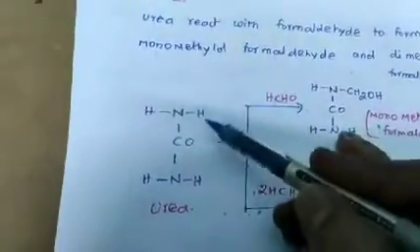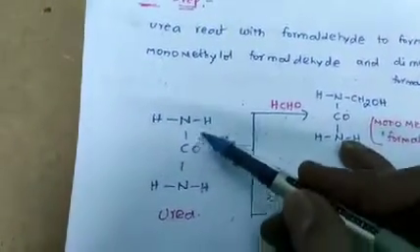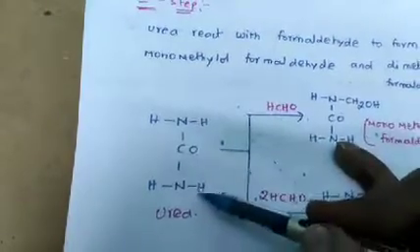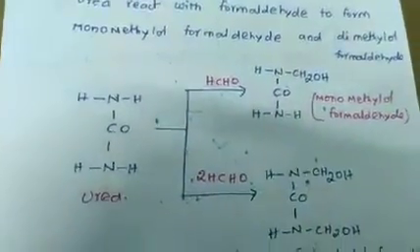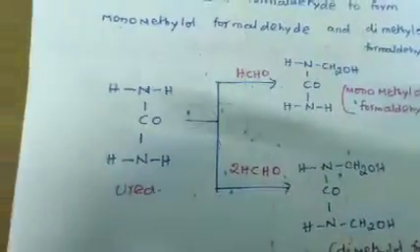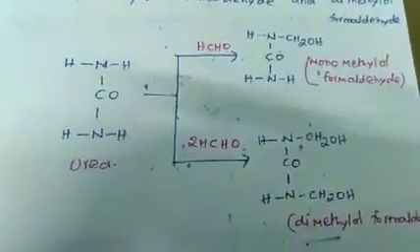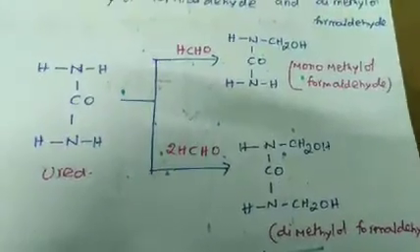This is the structure of urea, CONH2 NH2. Urea reacts with 1 mole of formaldehyde to get monomethylol formaldehyde. Urea reacts with 2 moles of formaldehyde to get dimethylol formaldehyde.